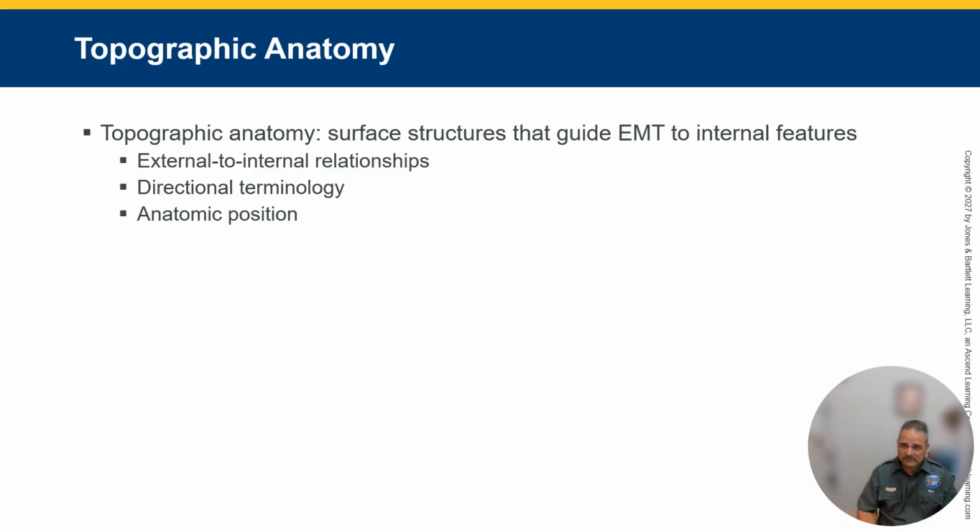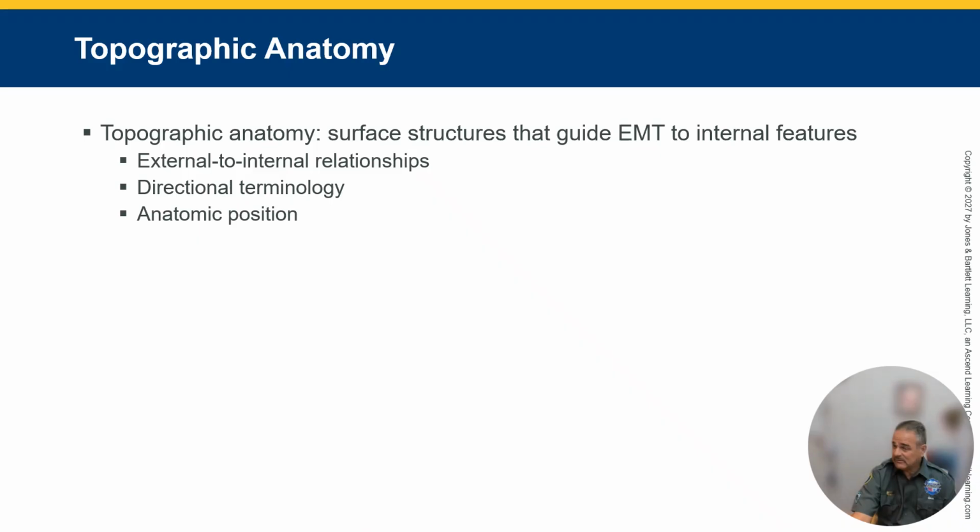So now we're going to give you the overview of the anatomy surface structures that gives you an understanding external to internal and those relationships, and the fundamentals to an effective patient assessment and how we can use this to our advantage in order to do a good comprehensive assessment of the patients.